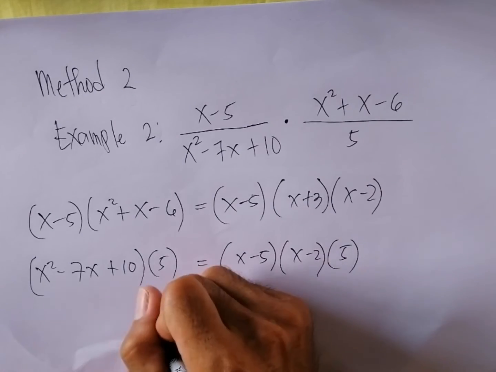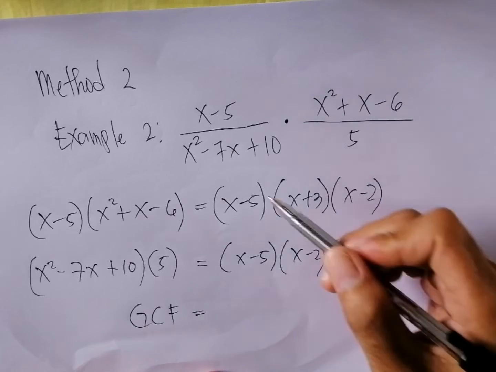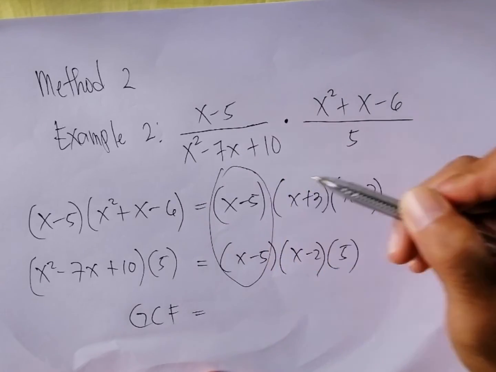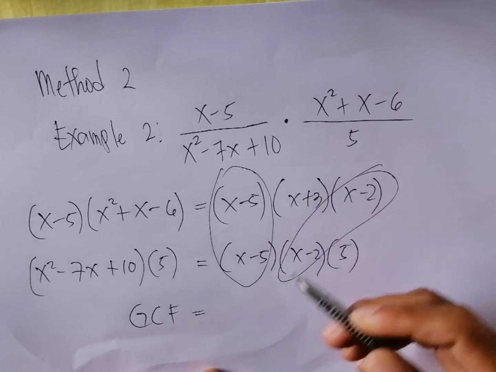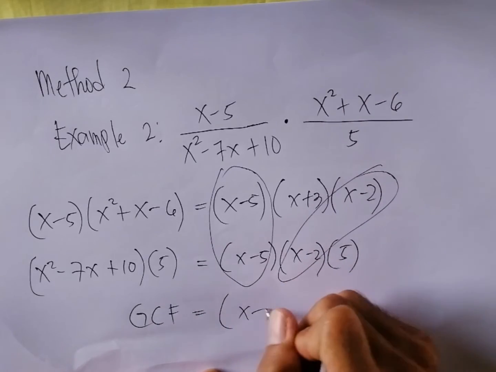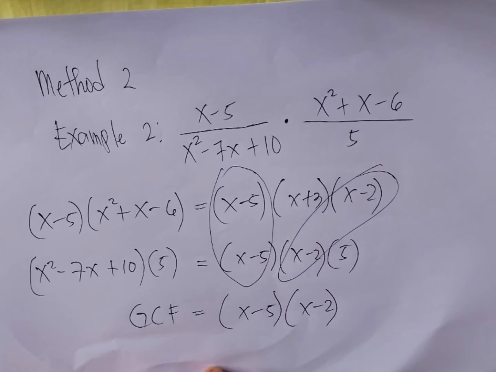Then the GCF is equal to x minus 5 and x minus 2. We have the quantity of x minus 5 times the quantity of x minus 2.